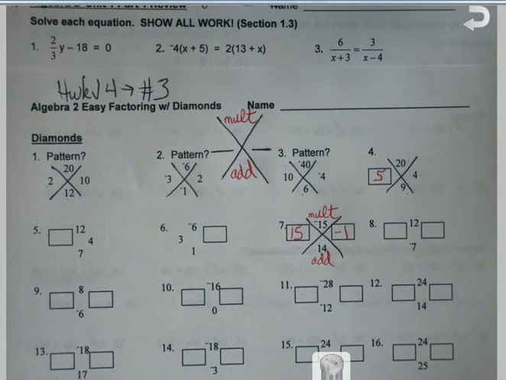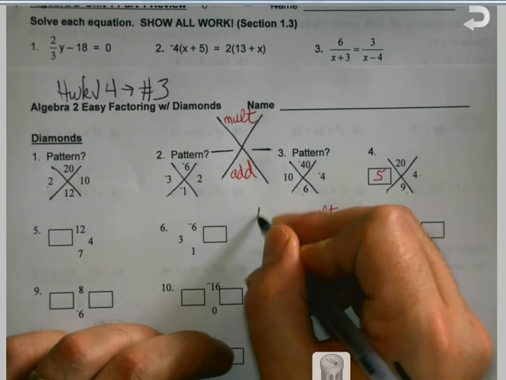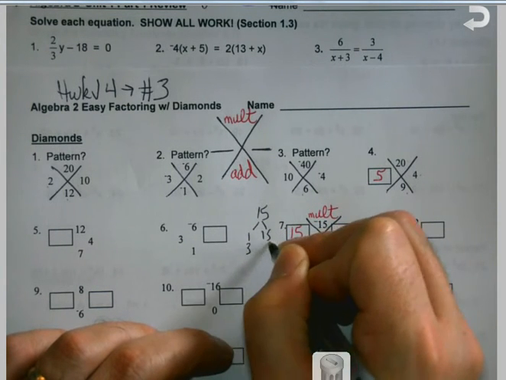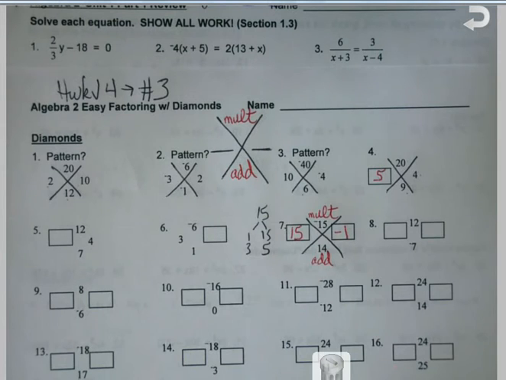And sometimes, depending on what the numbers are, though I tried to keep these easier, you may literally have to sit and say, okay, here's my number, here's the possibilities, and start playing with the signs until you get something to work. This isn't one of those you can just look and go, well, I tried this one and it didn't work. I don't know. Because that's the stuff that's going to end up kicking you in the tail.